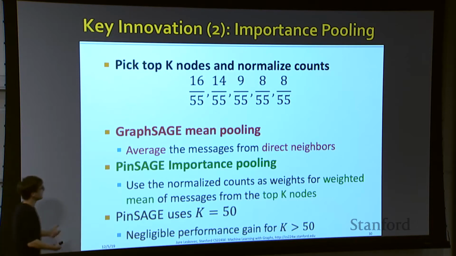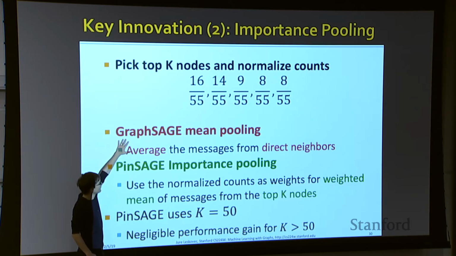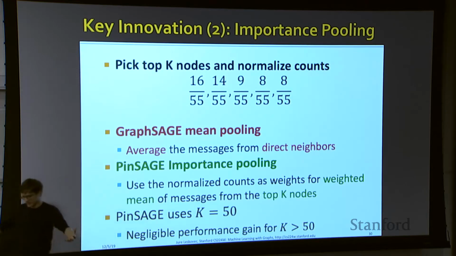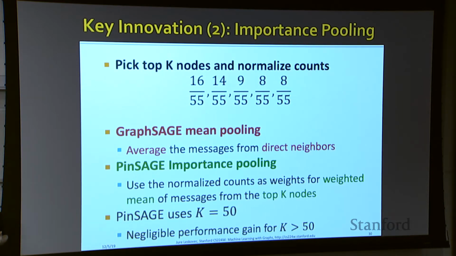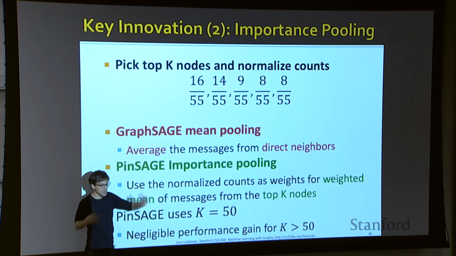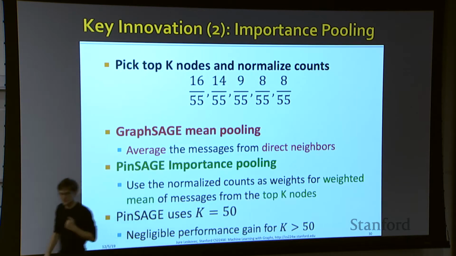So in GraphSage, when we talked about convolutional graph neural networks, we used mean pooling, where you just sum up the information from your neighbors. In PinSage, we will only sum the information from the top k highest PageRank score neighbors, and when we sum it up, we will also weight according to these visit counts.